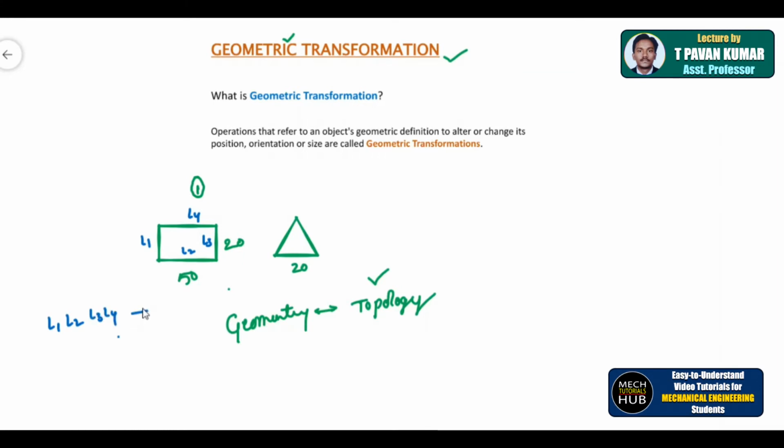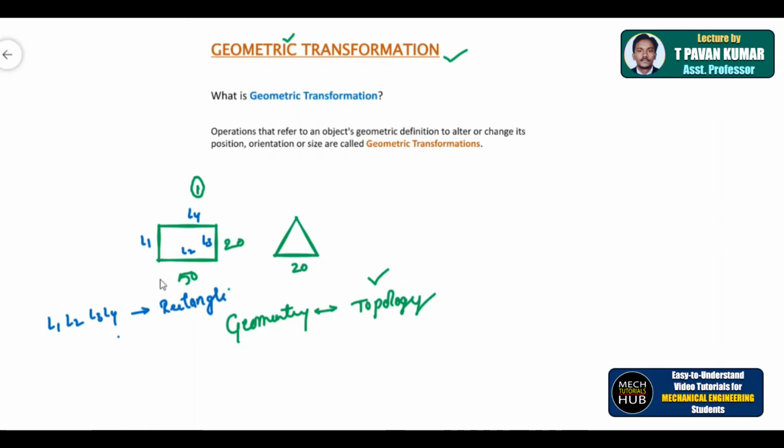All 4 together we call a rectangle, and this complete entity with 4 lines we call a geometry with metric information.